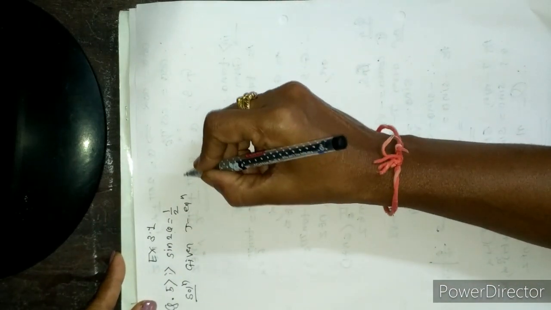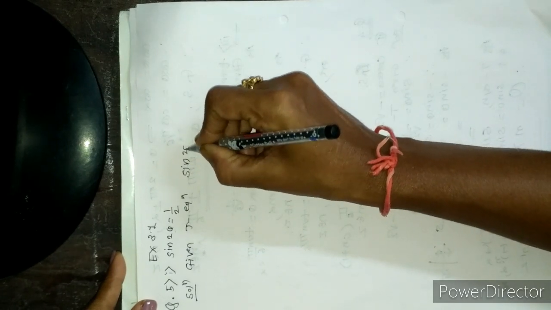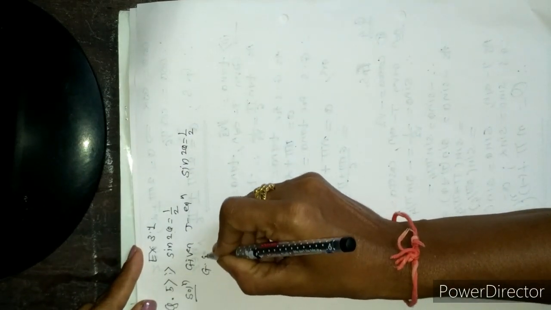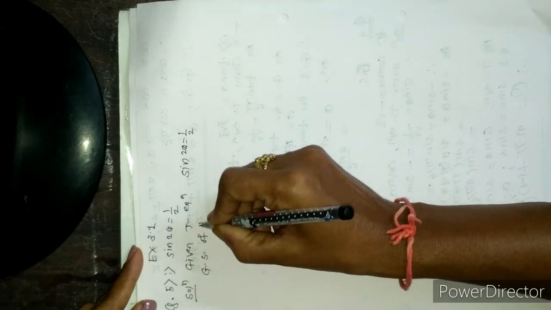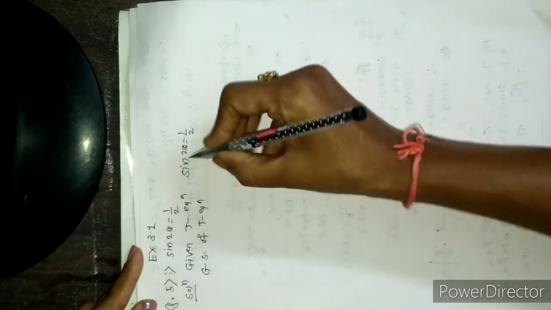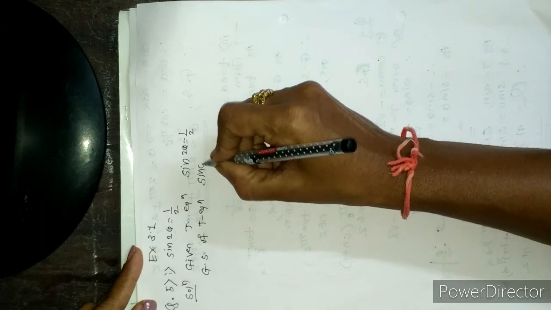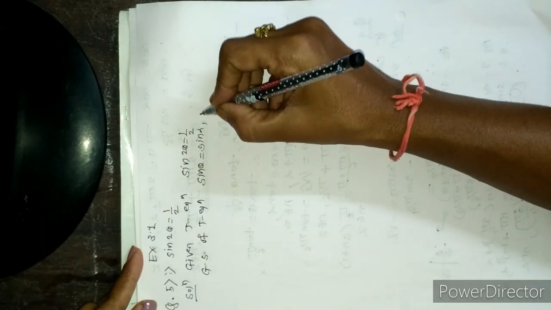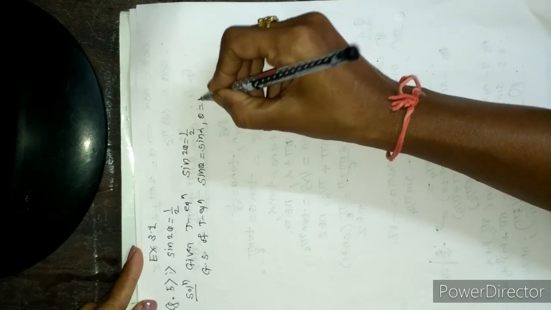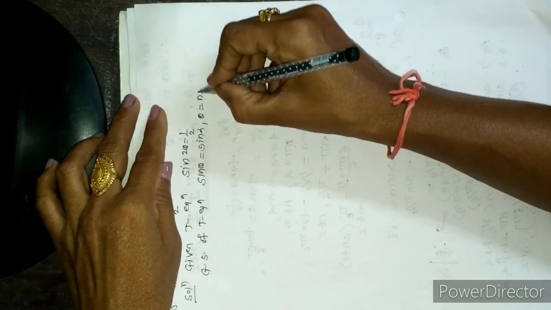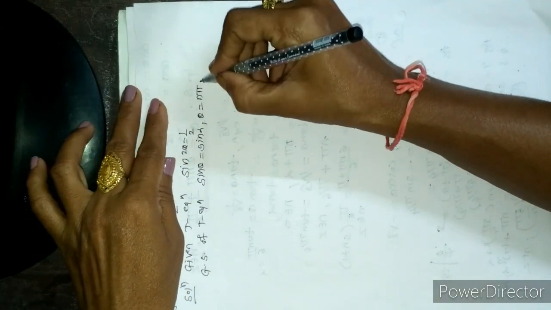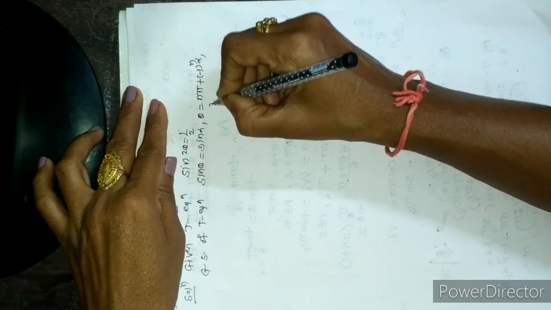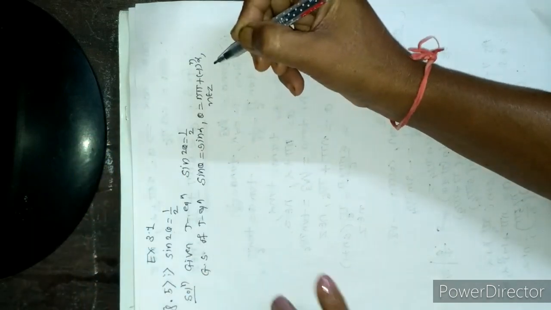So the trigonometric equation is sine 2 theta equal to half. But we know that the general solution of the trigonometric equation sine theta equal to sine alpha is theta is equal to n pi plus minus 1 raised to n times alpha, where n belongs to z.